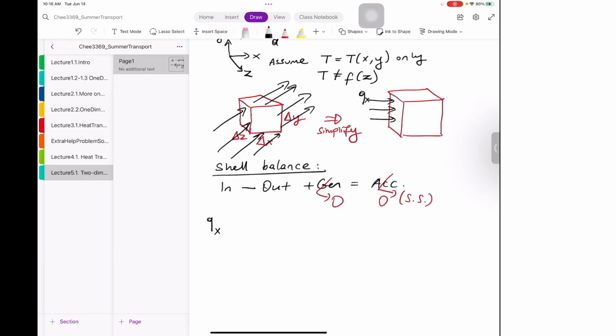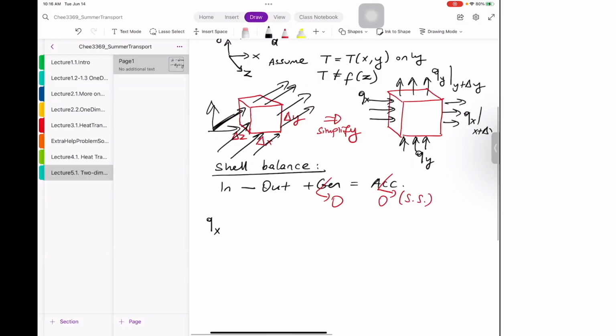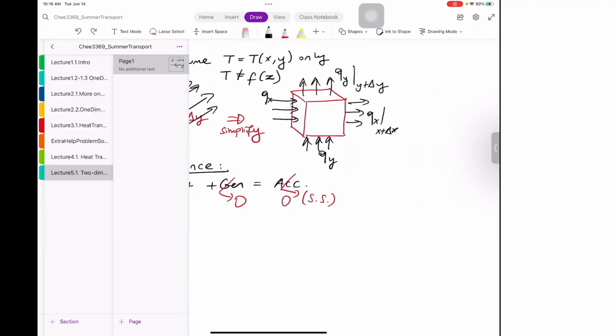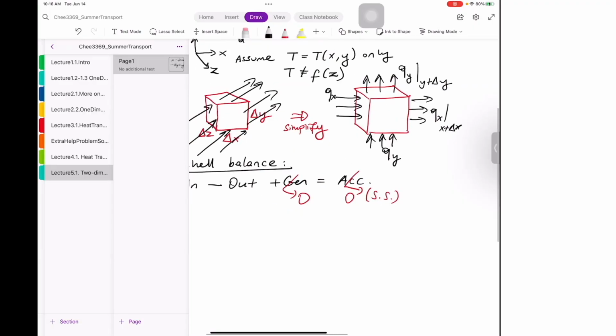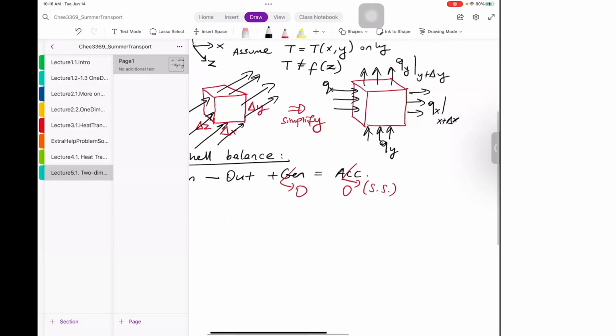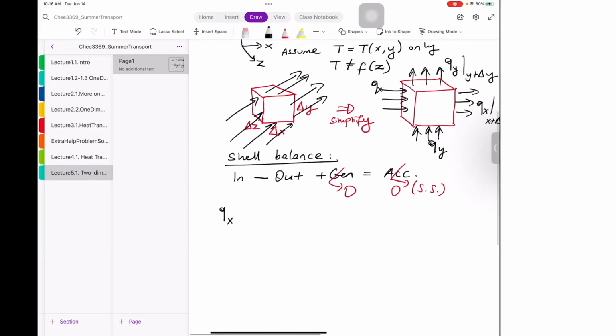This is my qx. This is my qy. This is my qy at y plus delta y. And this is my qx at x plus delta x. So I decomposed the components of this vector into x and y components, so that I made it a simpler picture of whatever is getting in and whatever is getting out. So I have 2 inputs and 2 outputs.